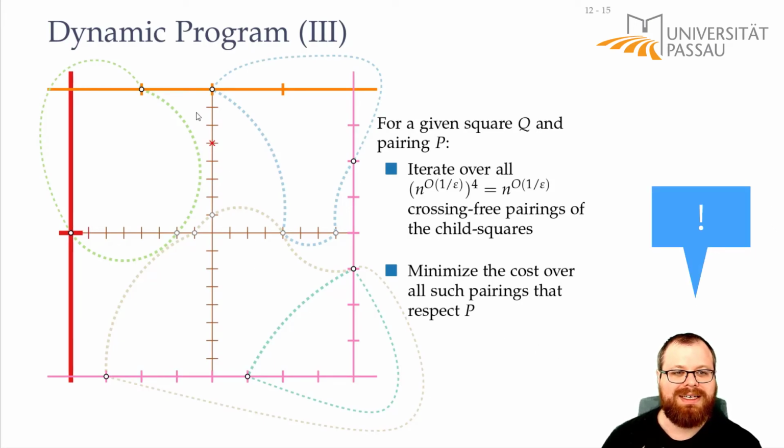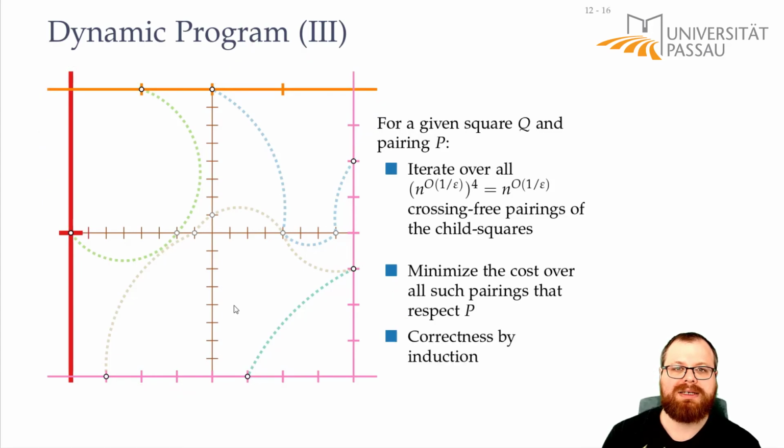Yes, this is fine. Here everything works out. We have connected the correct vertices, we don't have any crossings, we don't have any paths or cycles that shouldn't be there. This is finally a choice that respects p. And this is one we would consider and then find the minimum over all of those.